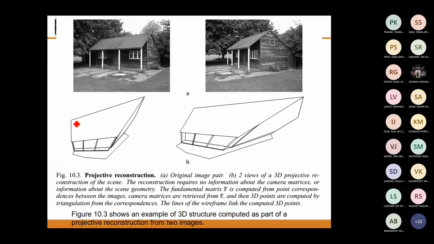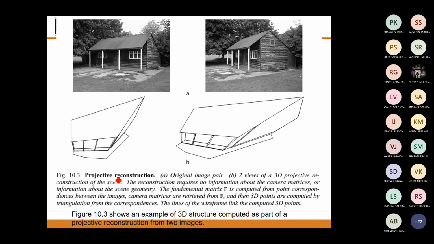The only properties preserved are that lines in the images and in the 3D reconstructed model remain lines, and that two lines which intersect each other will also intersect in the reconstructed image. Those are the only few properties preserved for a projective reconstruction.